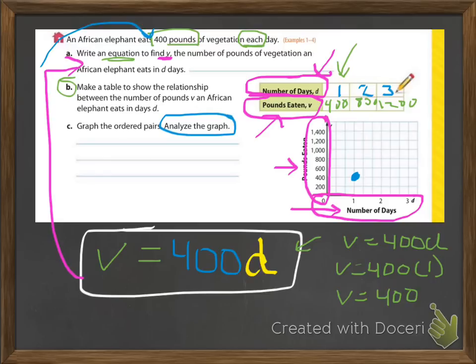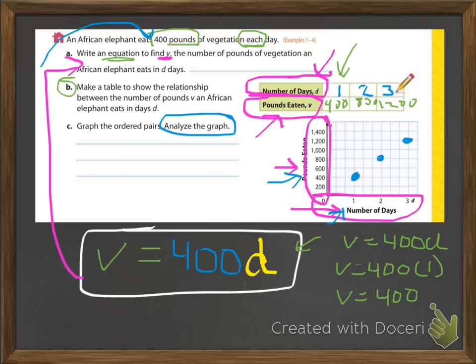When D is 2, V is 800. And when D is 3, V is 1200. That would cover us for the graph. But remember, you have to label both of the sides here, and you have to graph the points in the correct place. And then the last part will say analyze the graph.